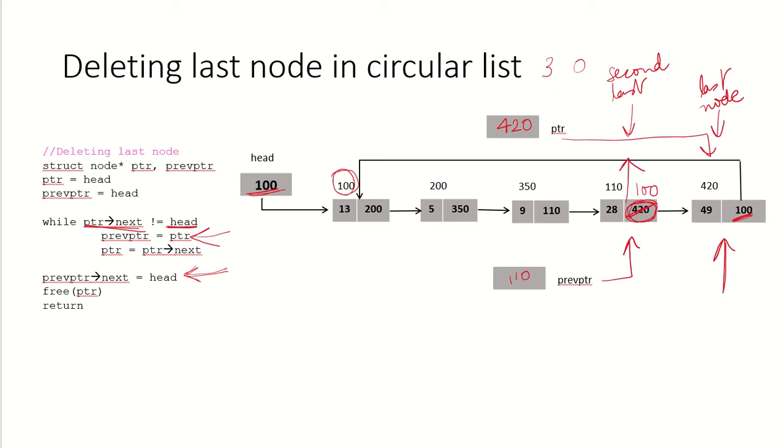So this node is now pointing to the first node. Also, we will delete the last node by freeing the space that was allocated to this node back to the heap. So this node has now become the last node of the linked list. So this is how a circular list works.